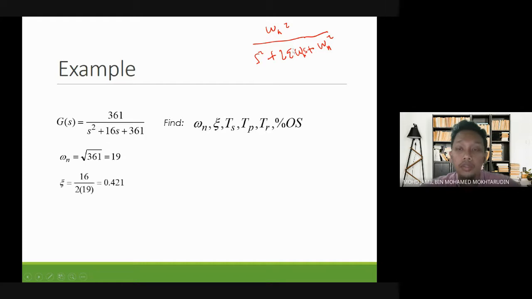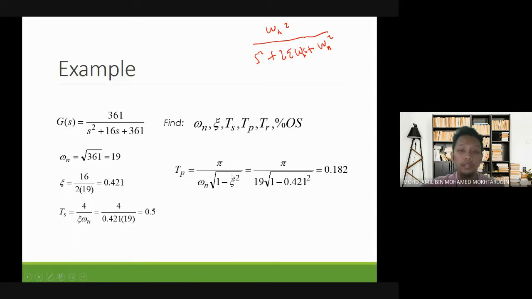So omega n squared equals 361. So square root, you get 19. And then you can find damping ratio. So damping ratio equals 0.421. And then Ts, settling time, just use the formula 4 divided by damping ratio omega n. So you get 0.5.